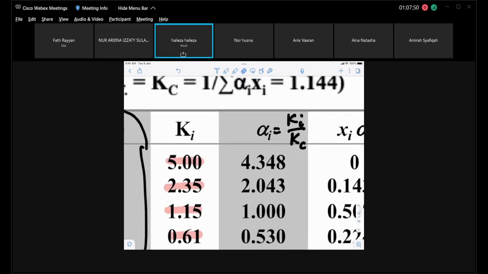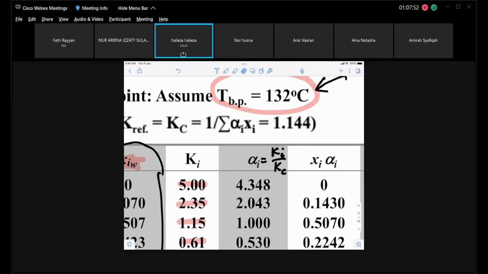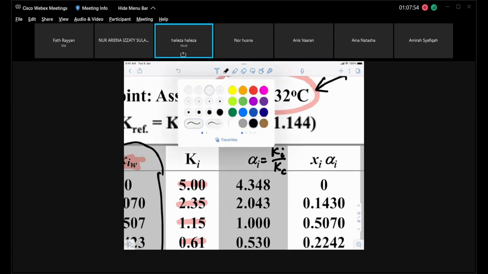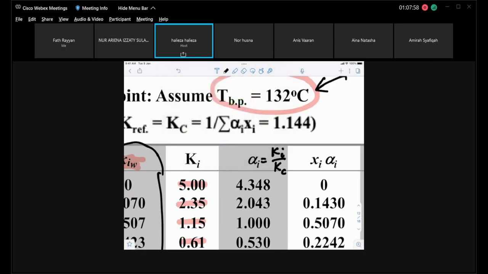Okay, for component A, let's put it here. KA over KC. That's going to be 5 divided by 1.15, that's my KC.